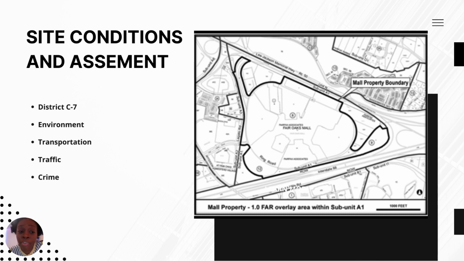We got the information from the environment, the transportation information was also from the county regarding the extension for the orange line that needs to be done in the area, and then the traffic count and the crime count was from the traffic profile and the crime profile from Esri.